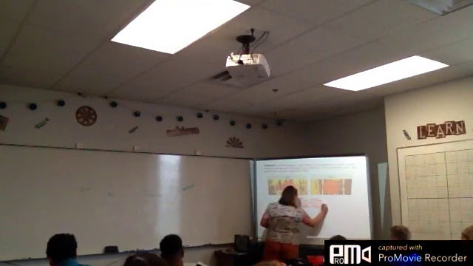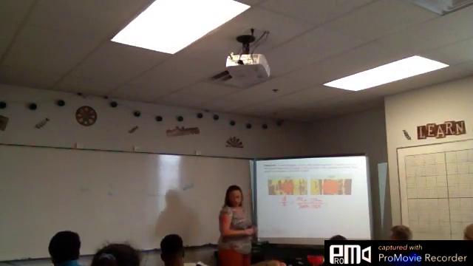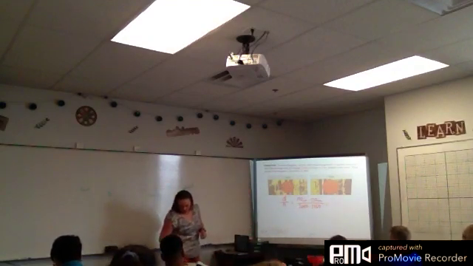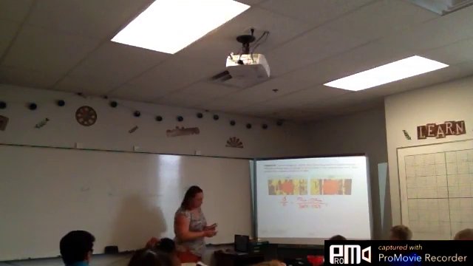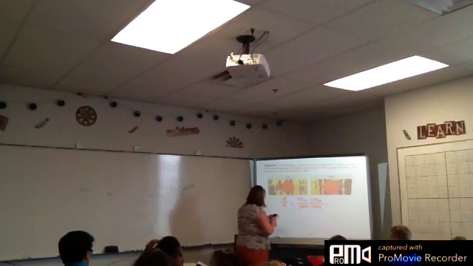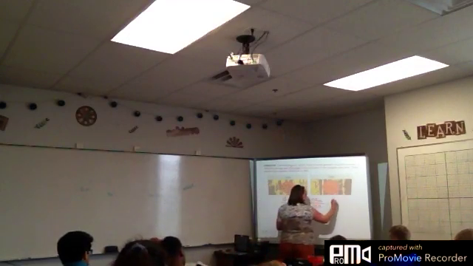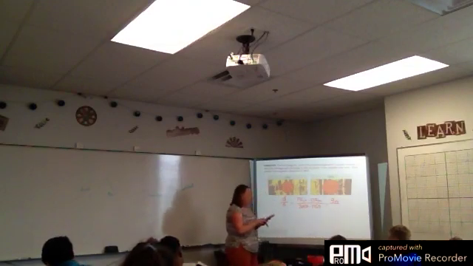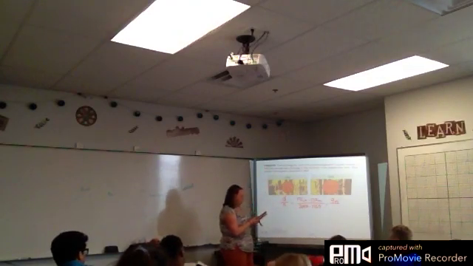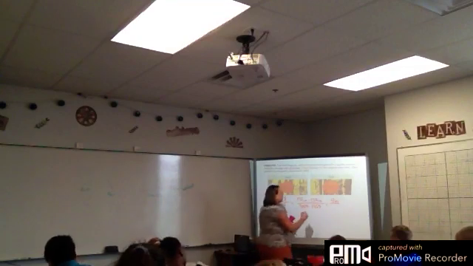What happens when you subtract those things? 141 minus 137 gives me 4 inches, right? And this is the years. What's 2005 minus 1965? 40, and this is 40 years.